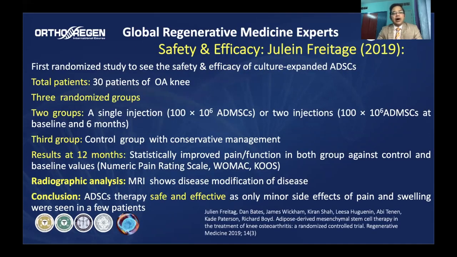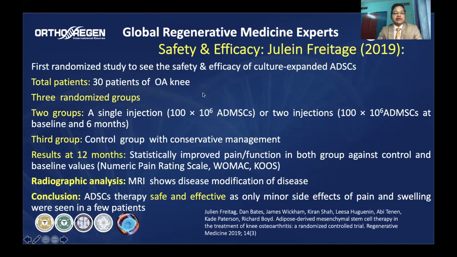Now, what does the literature say? What is the evidence about the fat stem cell or adipose derived stem cell? Well, the first randomized study to see the efficacy and the safety was done by Julin, and they published in 2019 in Regenerative Medicine.